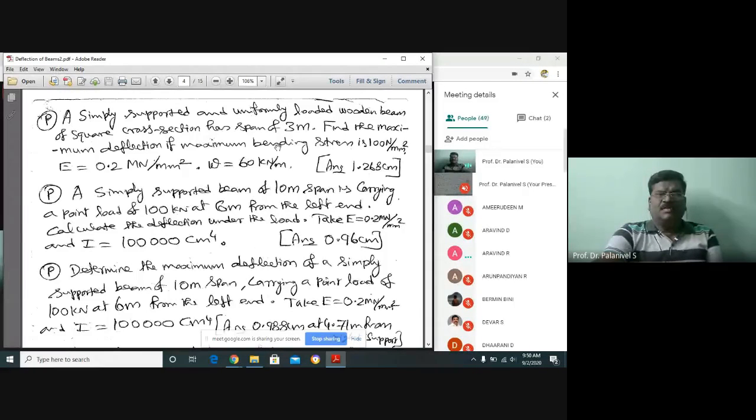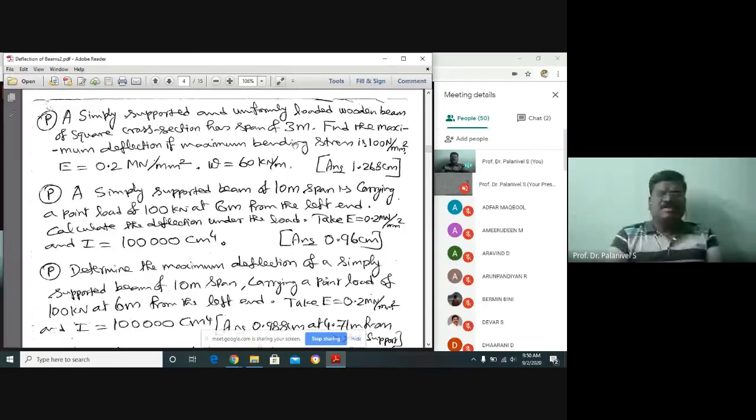Once the dimension is known, from this we can compute I. I equal to bd cube by 12, you can determine. Because b you determined, d is nothing but b, so b to the fourth by 12, you can determine I here. And then you can compute the deflection. What is the deflection? It's a UDL, no?